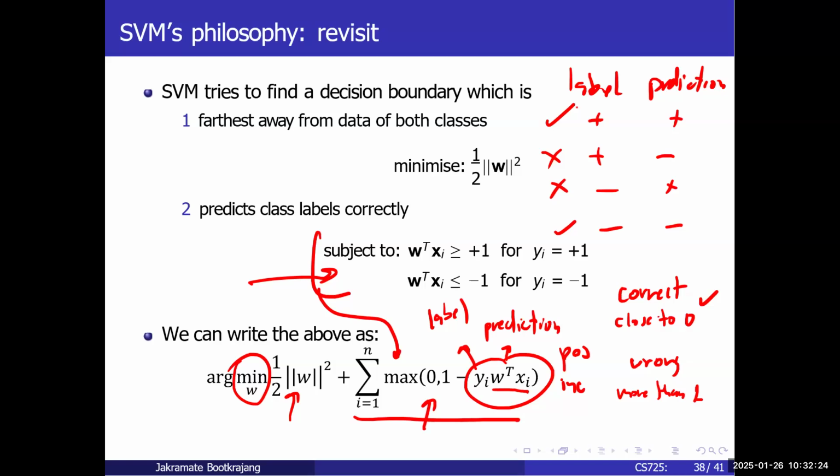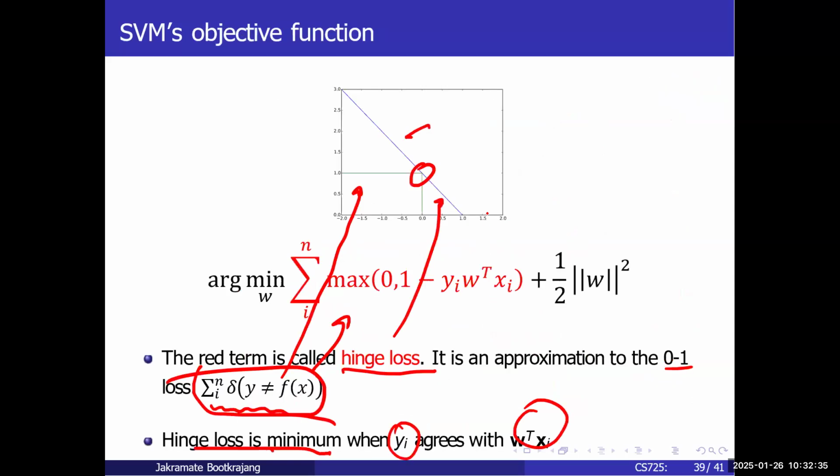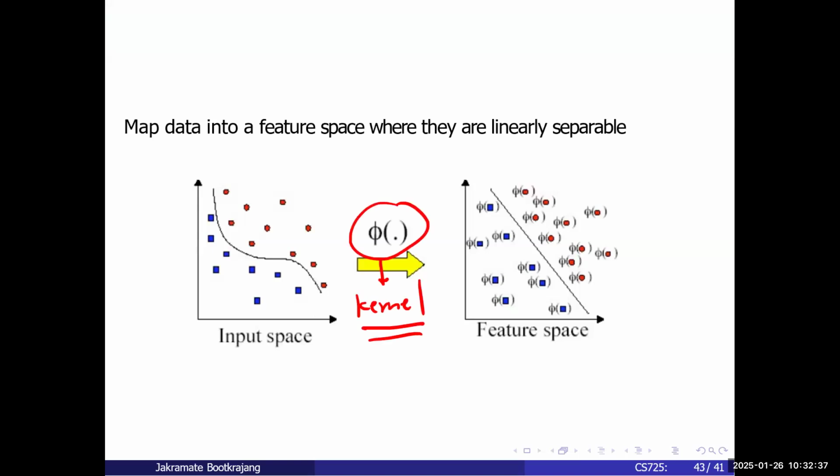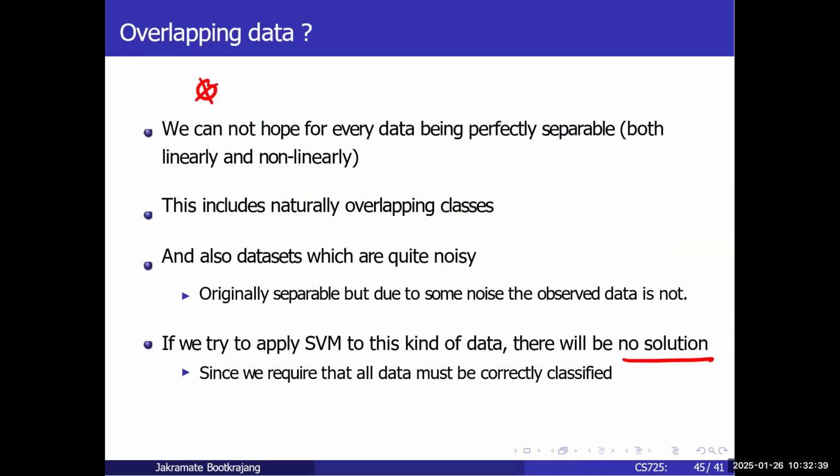So if the same point becomes both positive and negative, then this condition will never be satisfied. And so what we need to do is relax a condition, because our condition says that you have to be able to separate them absolutely. But in reality, well, you cannot, right?